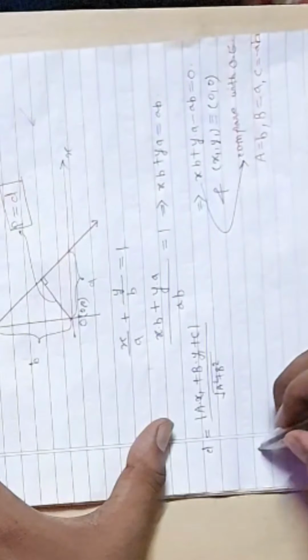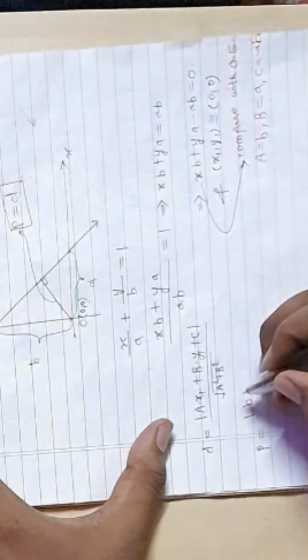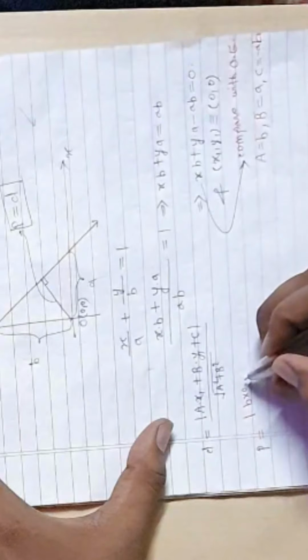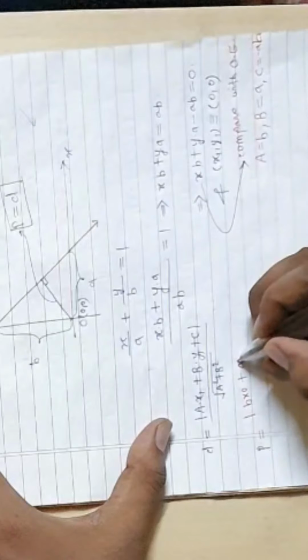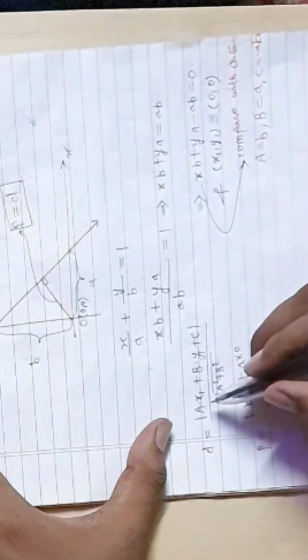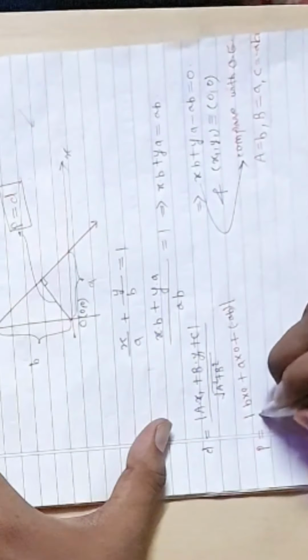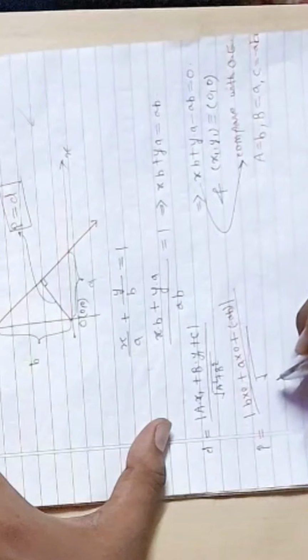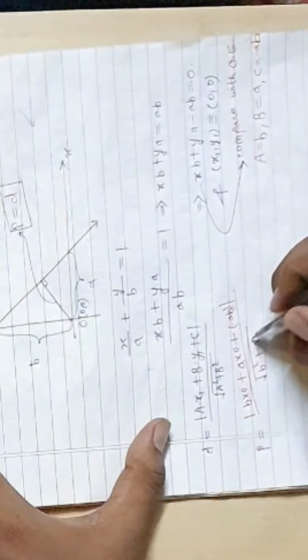So p is equal to mod of b into x1, which is 0, plus a into y1, which is 0, plus c, where c is minus ab, upon under root of b square plus a square.